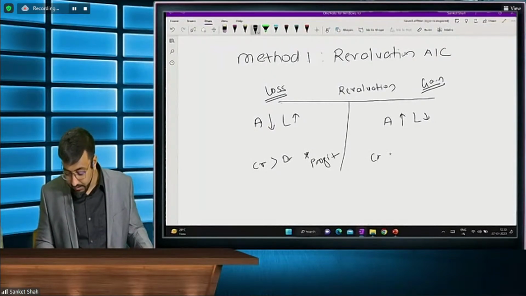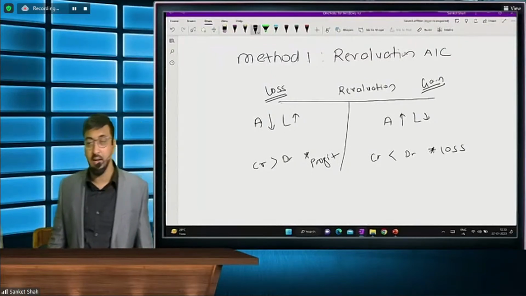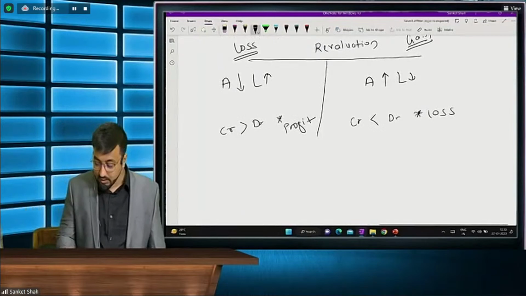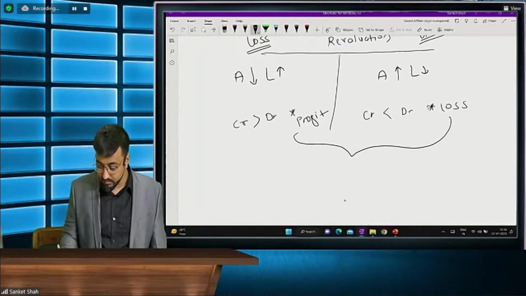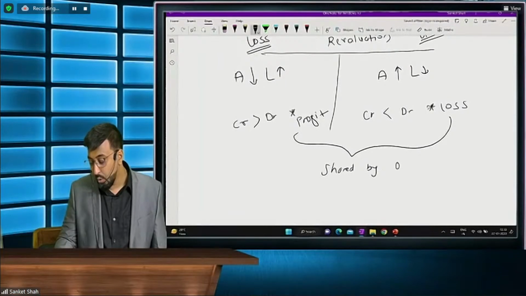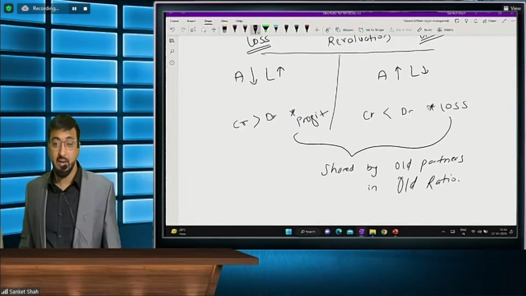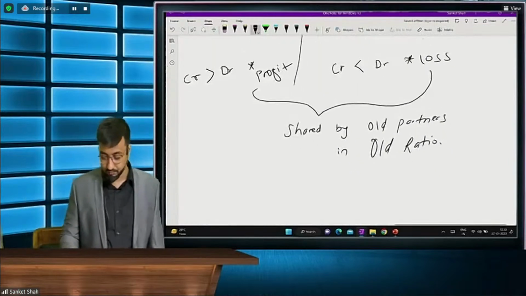And if credit is less than debit, it's a loss on revaluation. This profit or loss will be shared by old partners in old ratio.